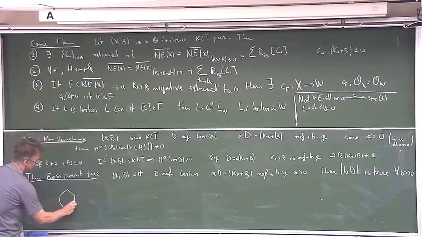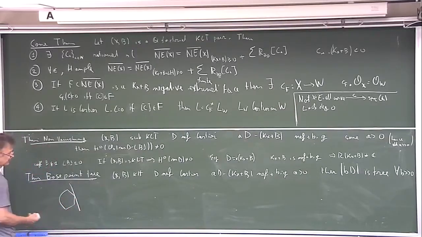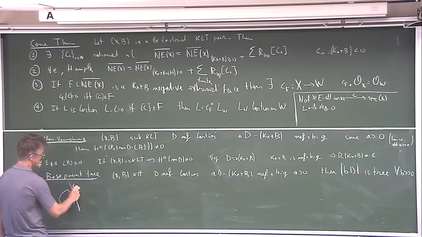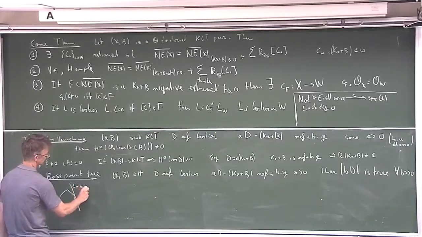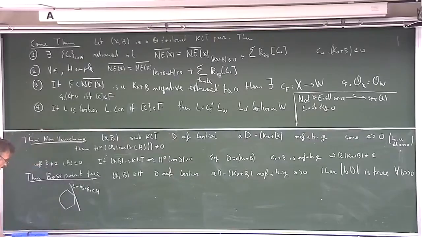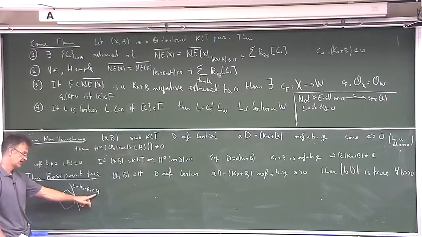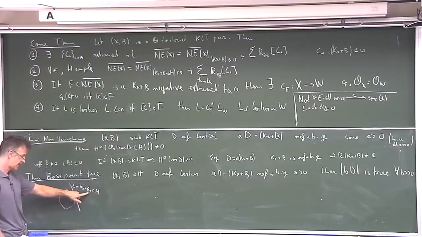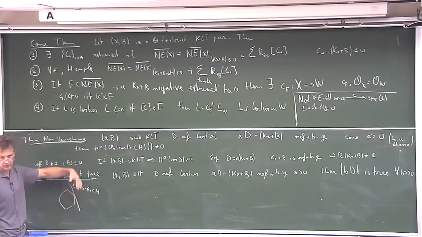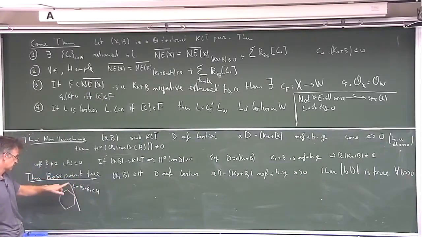Here's the picture: here's that negative extremal ray that was being cut out by a divisor L, which is typically of the form KX plus B plus tH. Let's say that we're in the case where this divisor is big, and it's nef by construction in your minimal model program with scaling. Then you're precisely in the case where you can apply the base point free theorem.